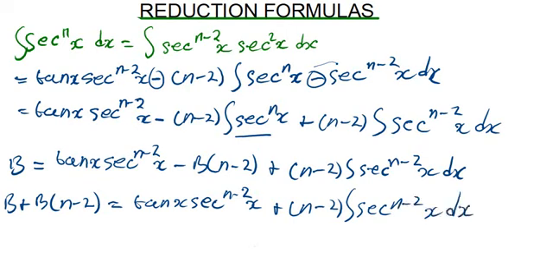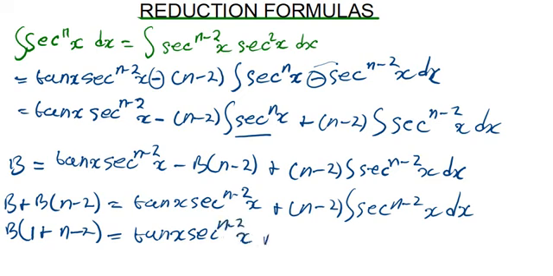Right, so we can factor out the B. We have B times (1 plus (n-2)) equals tan x sec^(n-2) x plus (n-2) times the integral of sec^(n-2) x dx.